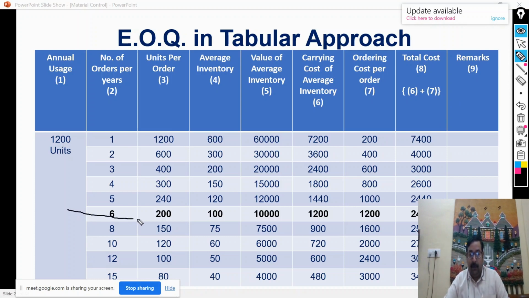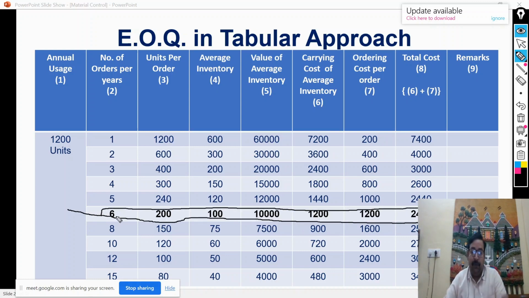When we order 6 times in a year, my units per order is 200. This is my economic order quantity, and at economic order quantity the total cost of material is 2400.